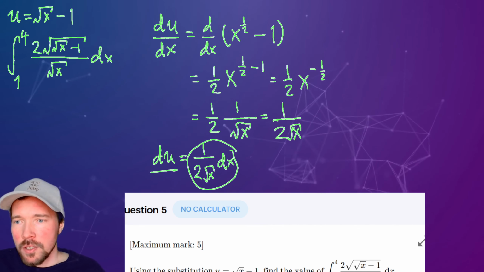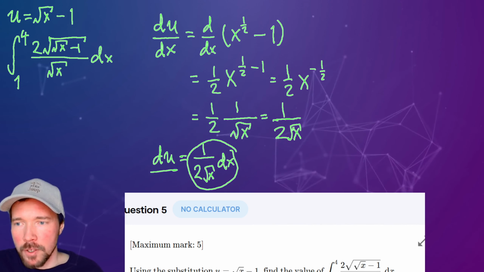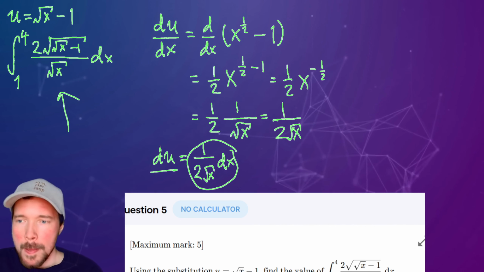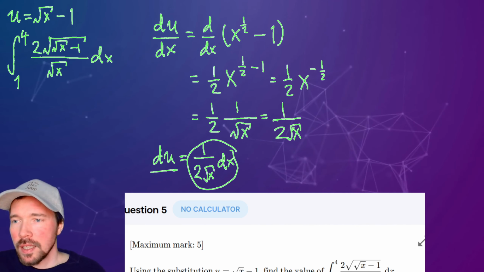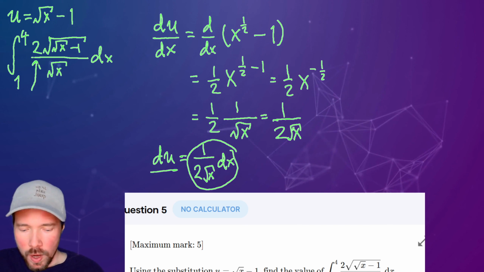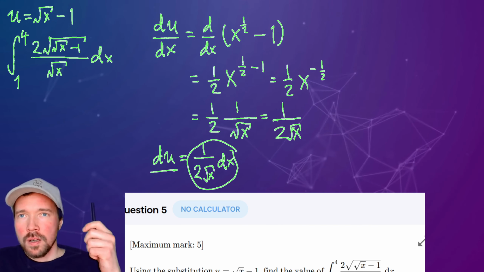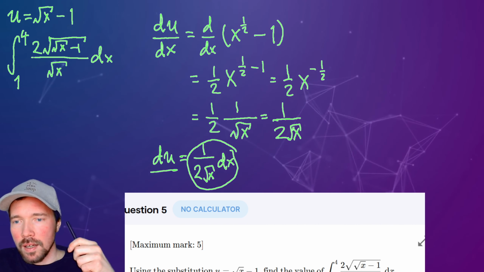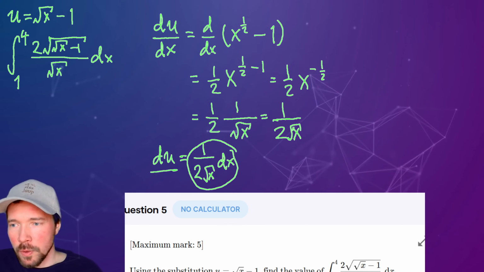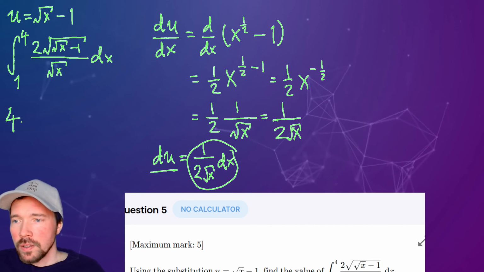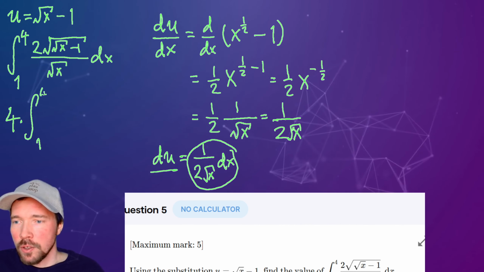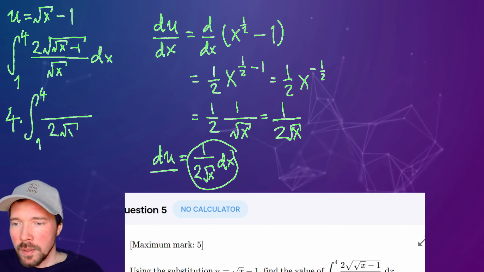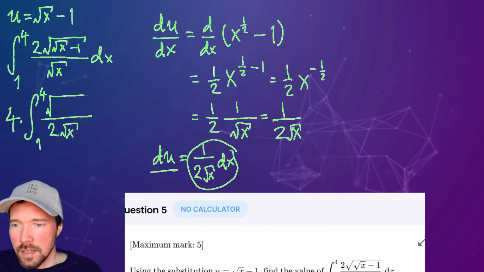Because now actually, yeah, it's going to be easy to bring this into this form. How are we going to do that? Let's take these 2 out from the integral, and in fact let's take another 2 out of the integral, so we basically put 4 times, and to compensate we put 2 in the denominator, so we get this expression.